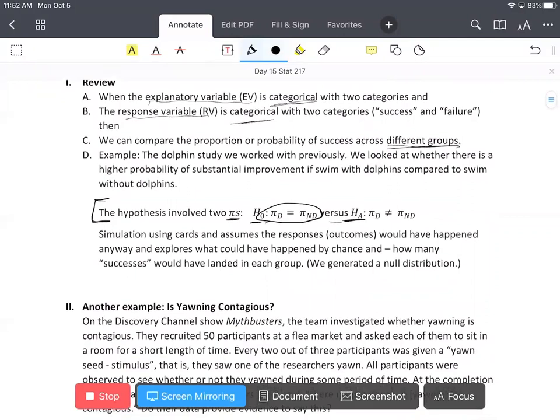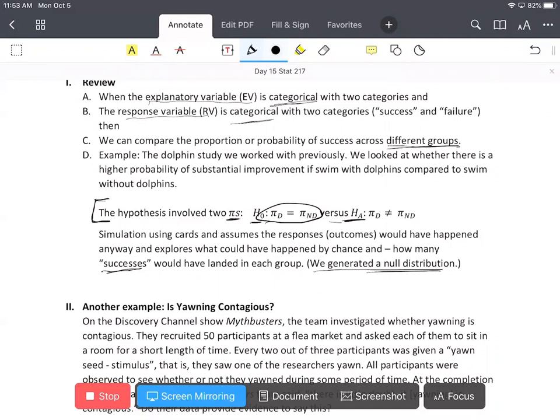What we did was we used simulation using cards and assumed that the outcomes would have happened anyway, so by chance. And we explored what could have happened by chance alone and how many successes would have landed in each group. That way we generated the null distribution, because remember, we want to generate the distribution where nothing special is happening. So just to remind everyone, whenever we simulate, the null hypothesis is true.